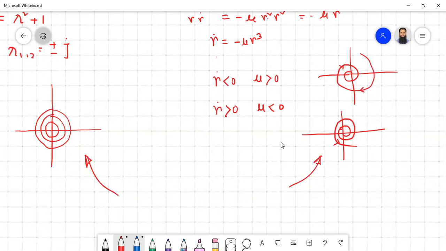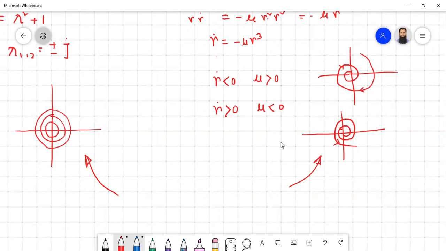Some other examples are there, so if you are interested, you can always go through those in the playbooks. Now, next we want to discuss the limit cycle. So, what is a limit cycle?